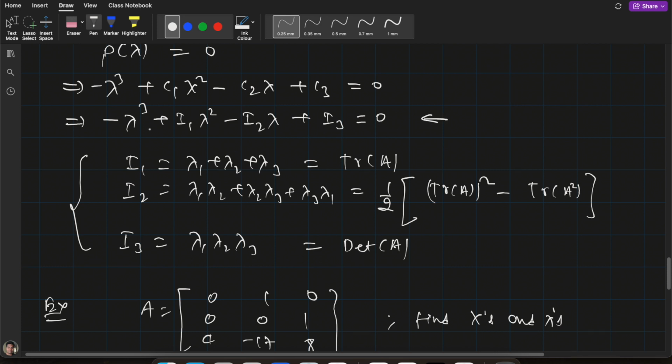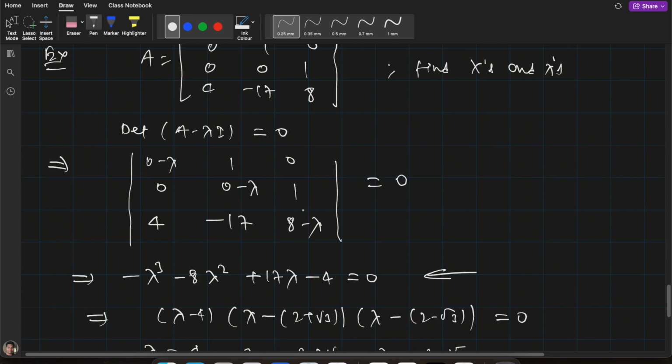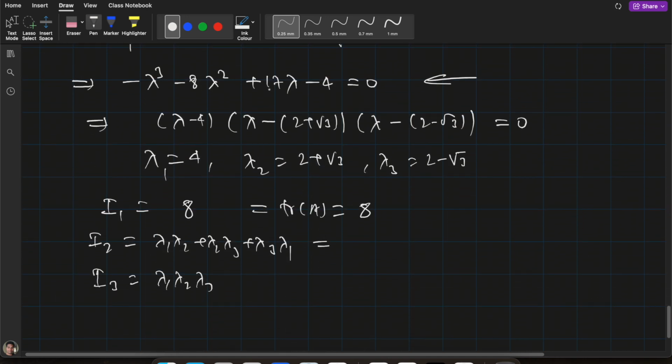The characteristic equation of a 3 by 3 matrix will always be in this form. You can see that this minus I2, that is lambda 1 lambda 2 plus lambda 2 lambda 3 plus lambda 3 lambda 1, is already given, which means that it should be minus 17.